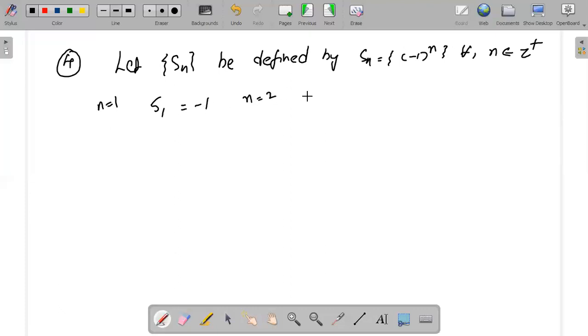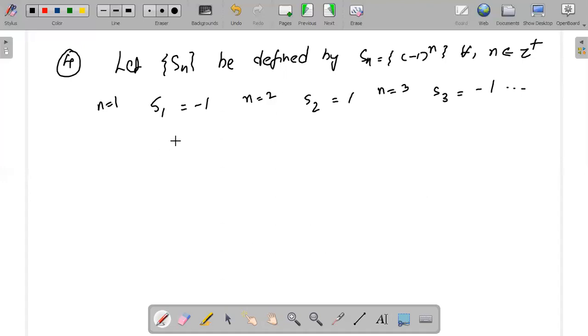For n is equal to 2, S2, what do we get? 1, right? Again, for n is equal to 3, S3, we get minus 1, and so on.